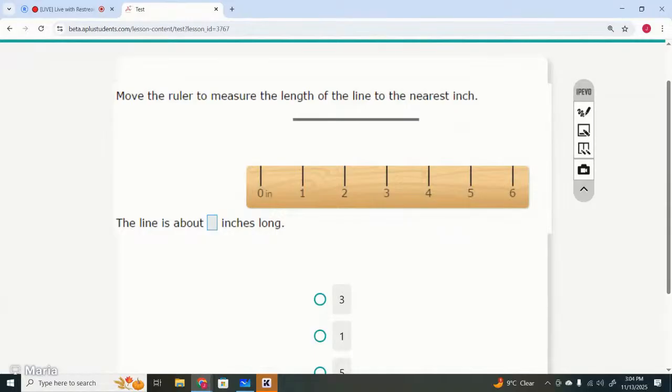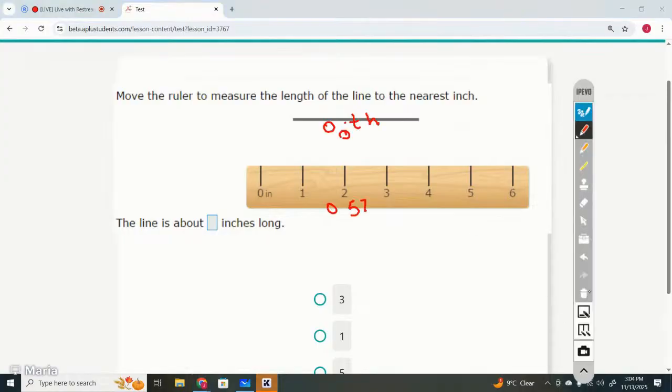If you have a ruler, please keep the ruler with you and make a line, and you can see the measurement of the line, right? Move the ruler to measure the length of the line to the nearest inch. The left end of the line would line up with zero and the right end will line up with the mark.